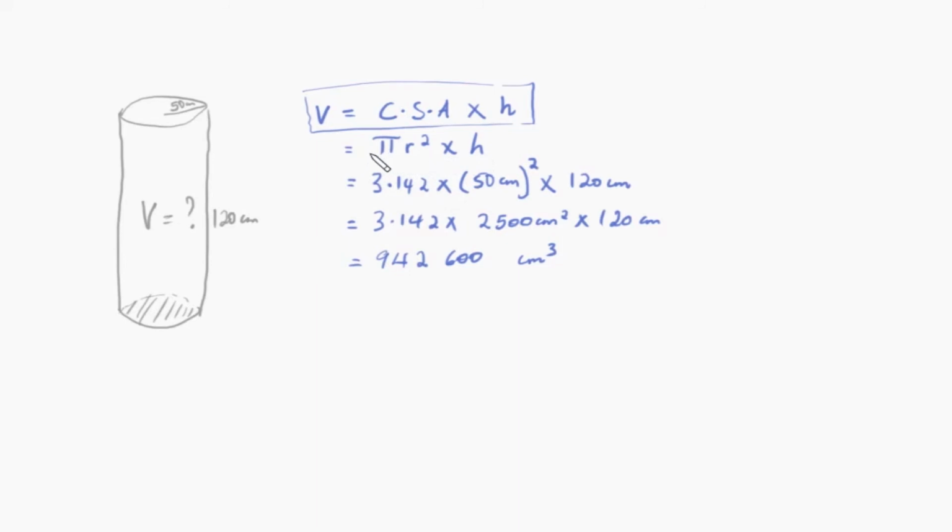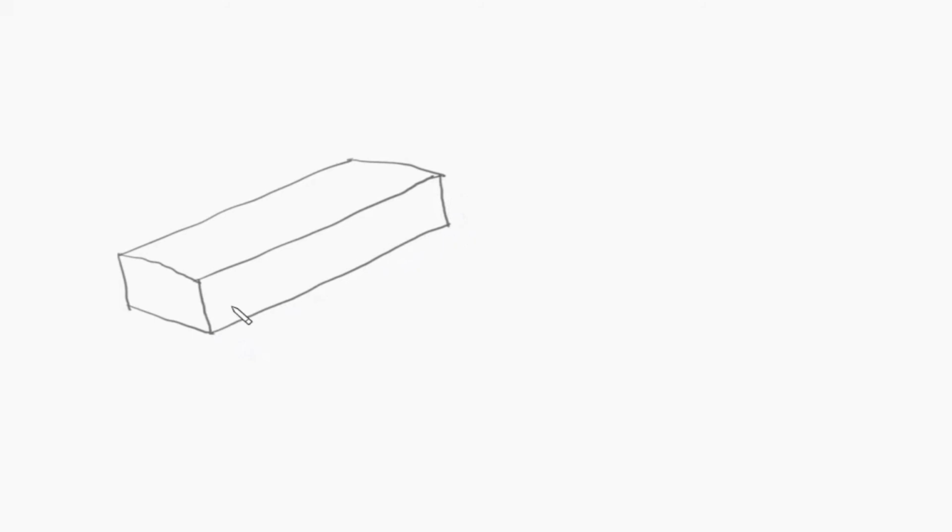Let's say you had this shape now, not a cylinder, but this one. You had a cuboid this time.